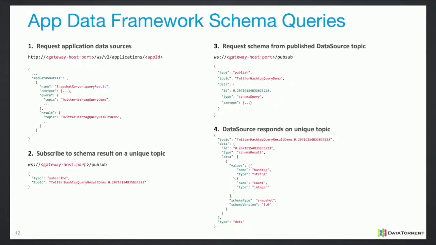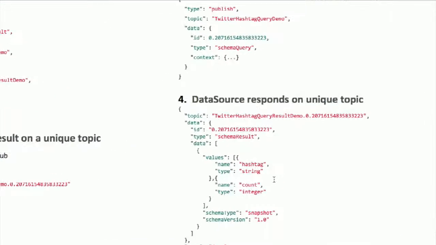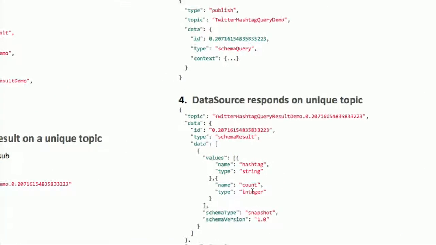Then you connect through PubSub. You subscribe to a particular topic, and then you issue a query for schema, which just simply asks what kind of fields are available, and then it returns things like, I'll zoom in a little bit, hashtag as a string and count as an integer in the response.